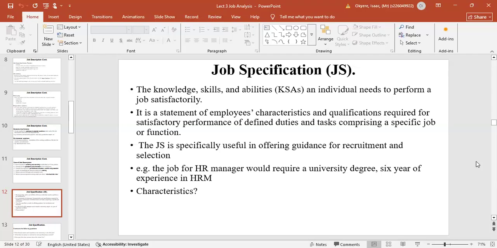Those are my job specifications: the things that you are supposed to get, your qualifications, your skills, your knowledge, your abilities, and others that you are supposed to possess. Are you with me?